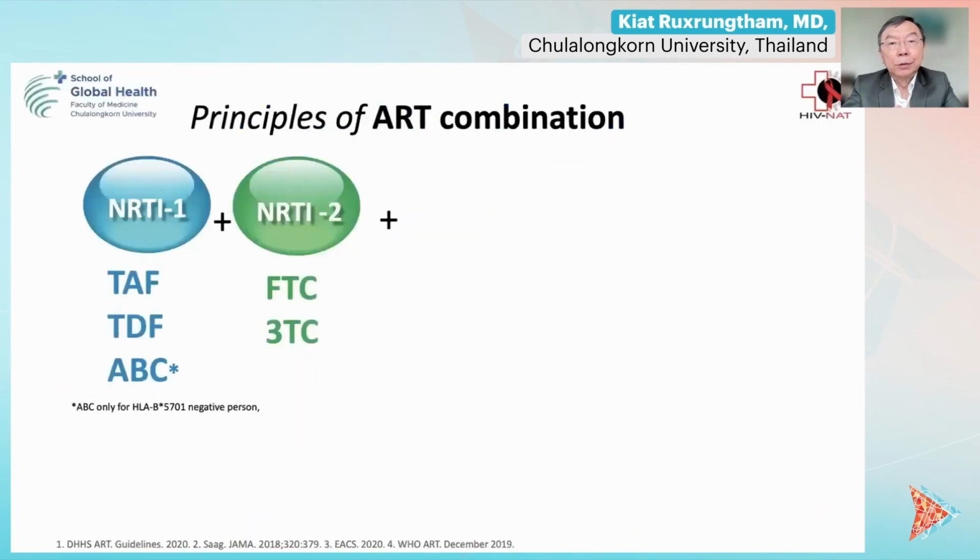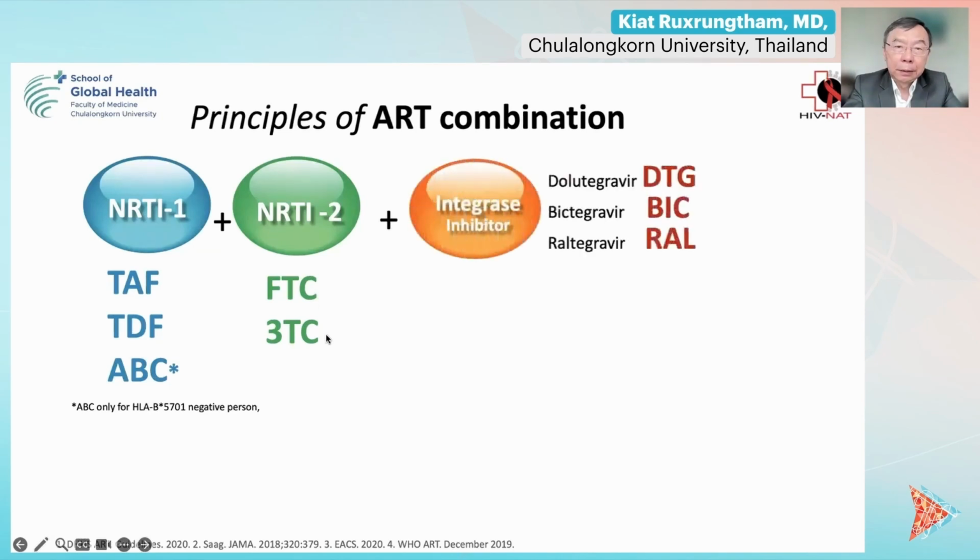So how do we formulate a regimen? We call it a triple regimen. This is the principle to make it easy to understand. You see that we select 2 nucleoside reverse transcriptase inhibitors, 1 from this group, either TAF, TDF, or abacavir, plus FTC or 3TC.